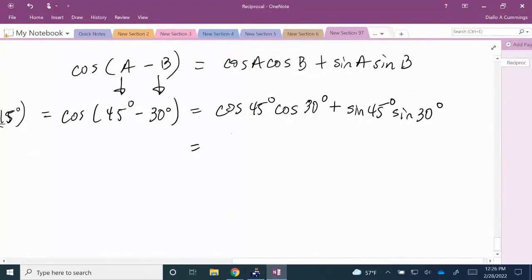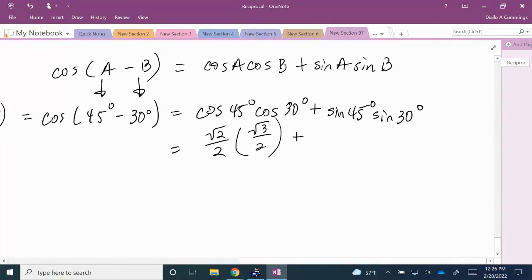So we have the cosine of 45 degrees is square root of 2 over 2 times the cosine of 30 degrees, which is square root of 3 over 2, plus the sine of 45 degrees is square root of 2 over 2 times the sine of 30 degrees, which is 1/2.